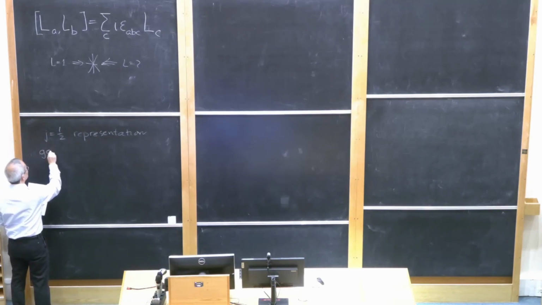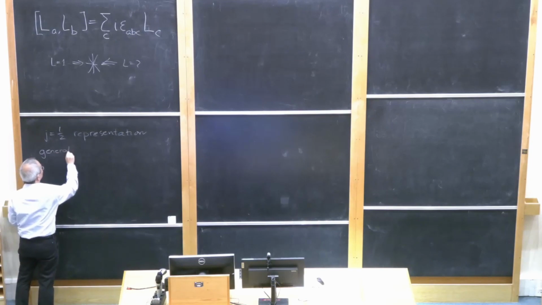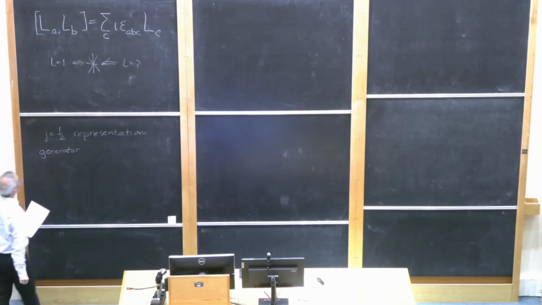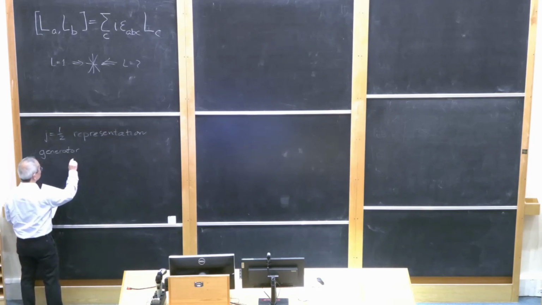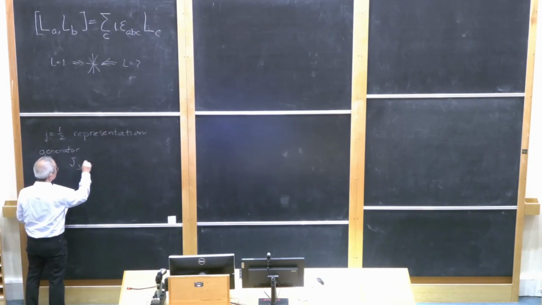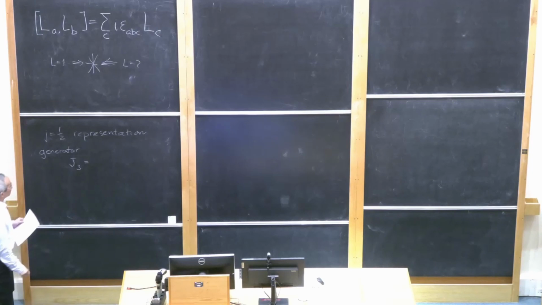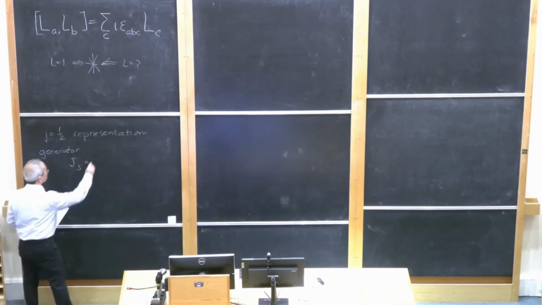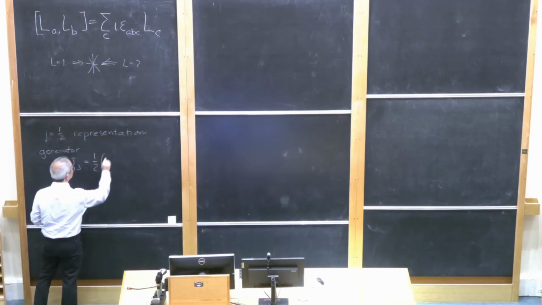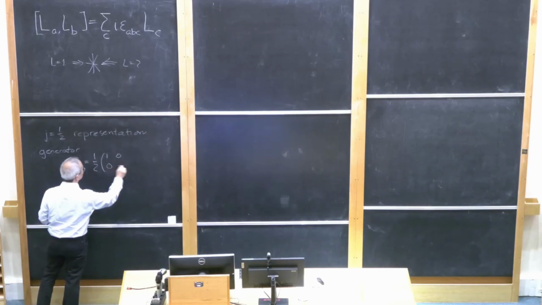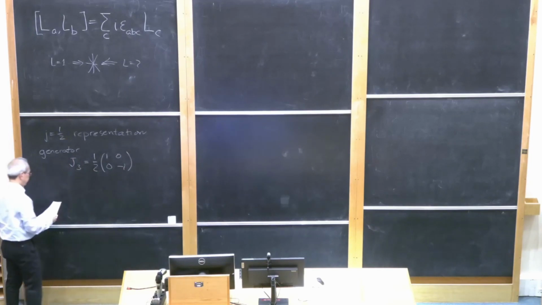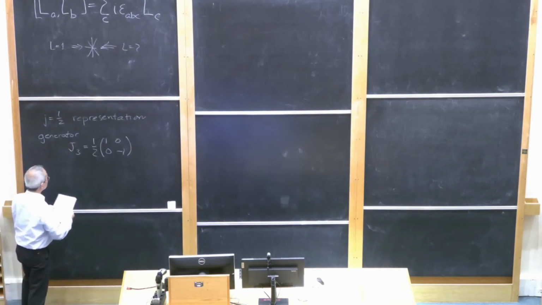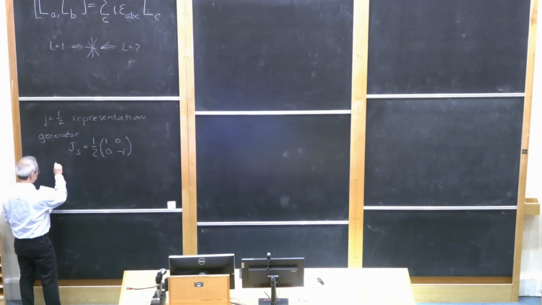We can write down the generator for the j equals 1/2 representation. Since we are diagonalizing the third element, this one will simply be 1, 0, 0, minus 1. And this is obviously a basis, you have basis vectors.